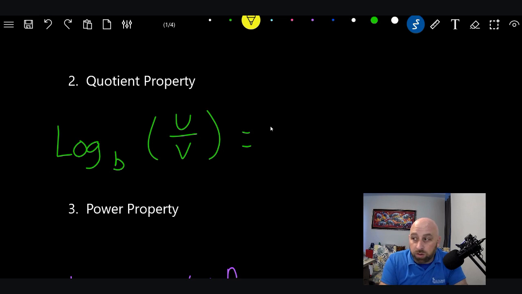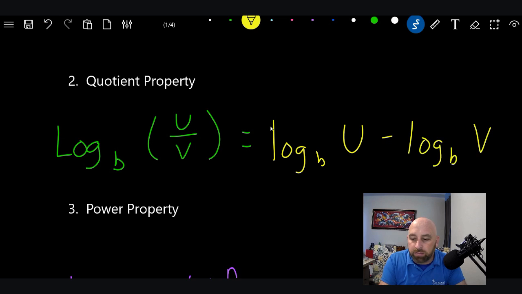In other words, what are we going to do here? We're going to say the log b of u minus the log b of v. And then we would put that in your calculator, put the log u, and then hit minus, and then log v.